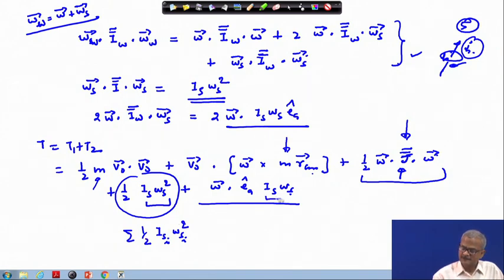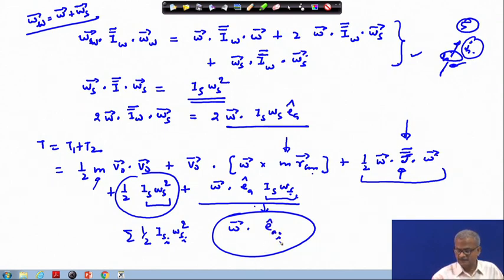Similarly, here I_s omega_s is appearing. So this part we can also write as omega dot E_A I, along one particular axis. You will be putting along 3 orthogonal directions, so for that the summation is standing here. Similarly, this is E_s_i I omega_s_i.